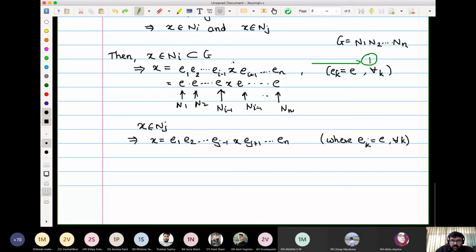That is fine. But also here, which element is coming from Ni? This X is coming from Ni. And here there will be somewhere Ei from Ni, because I and J are different. Is it clear?